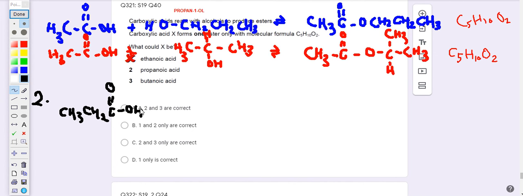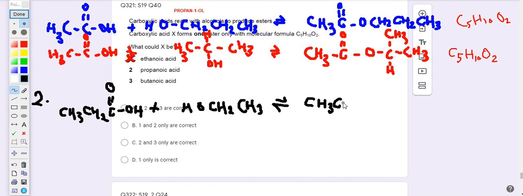Now with a 3 carbon carboxylic acid, to get an ester with 5 carbon, I need to react this with a 2 carbon alcohol, which is ethanol. Okay, then I will get an ester with 5 carbon.